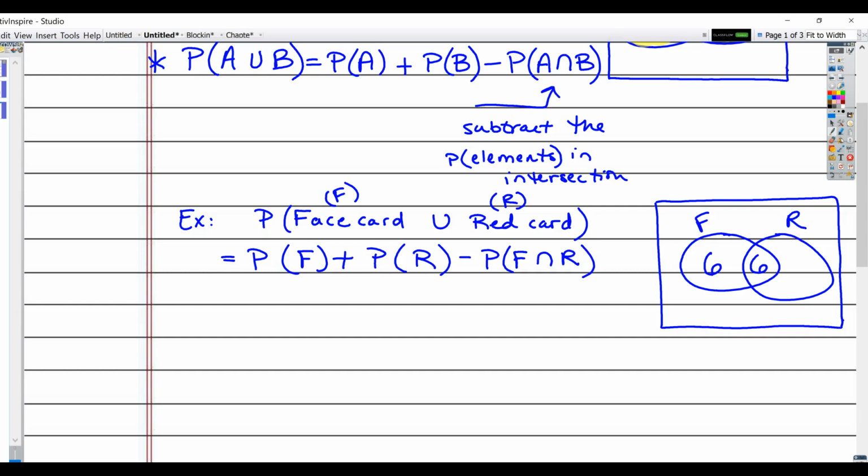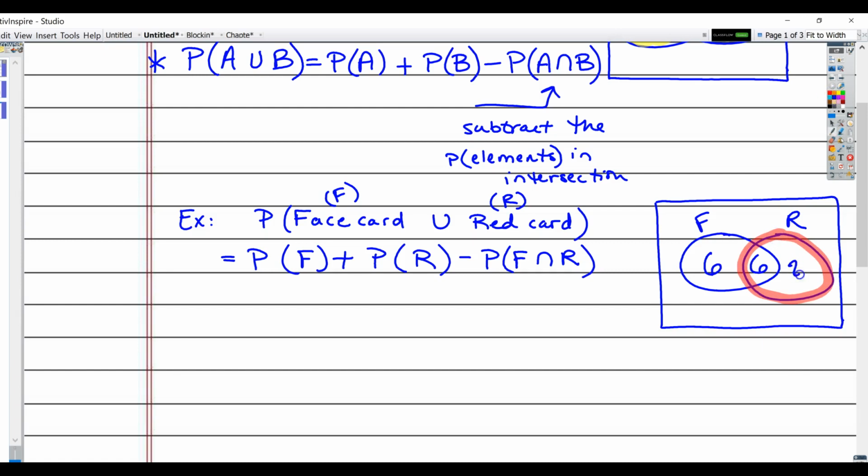What about reds? 26. No, because 6 of them are already counted. Okay, there are 26 reds, but I already have 6 inside the red bucket. So if I think of it like this, these are my reds. I already have 6 in there, don't I?